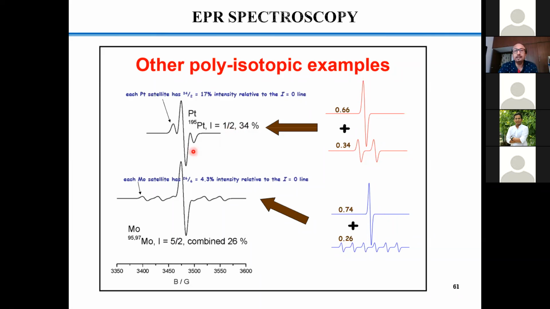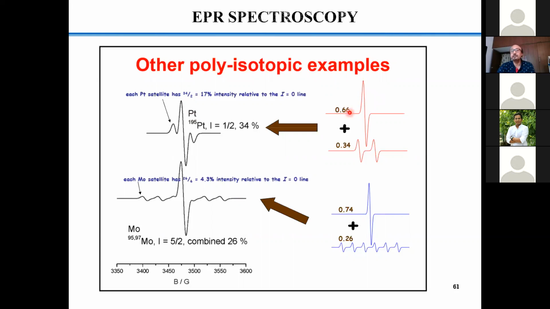So these two lines essentially originate from this platinum 195, I equal to half, 34%. Now, ideally, if you consider this is one line and then there are two more lines, this is 1 and the ratio would be 0.3, that means 34% by 2 in comparison to this one, relative to the I equal to 0.